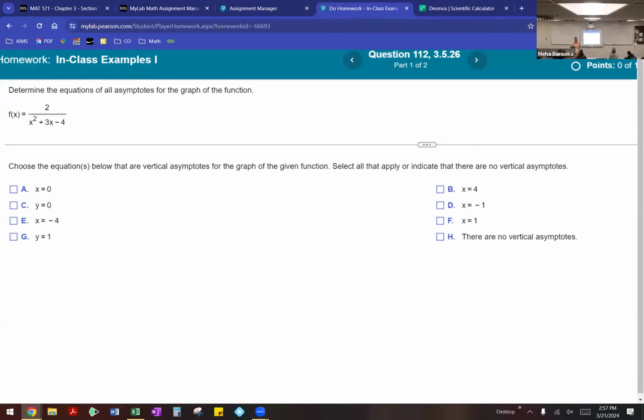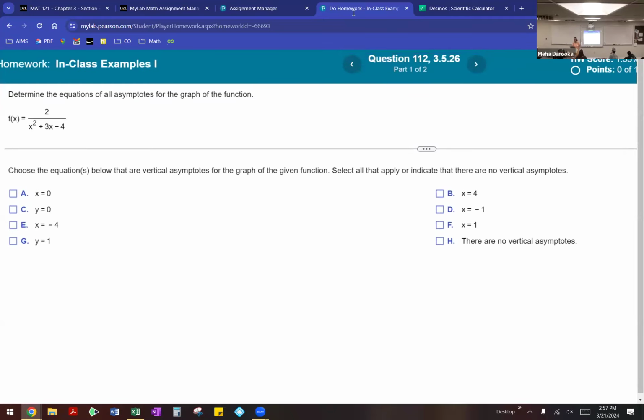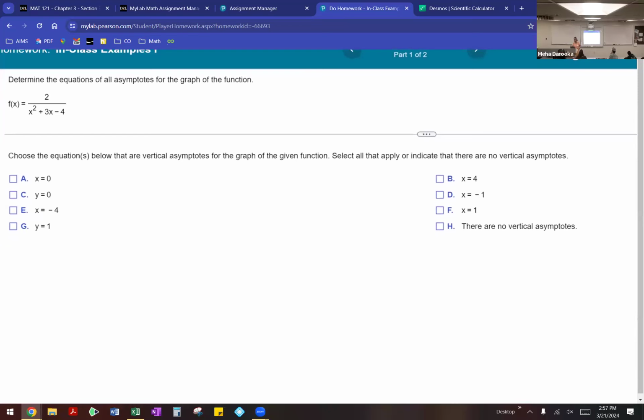So to find the vertical asymptote, we will take the denominator and set it equal to 0. So take our denominator, which in this case is x squared plus 3x minus 4, set it equal to 0. And then let's find out what those vertical asymptotes are going to be. So how do we solve this guy? x squared plus 3x minus 4.